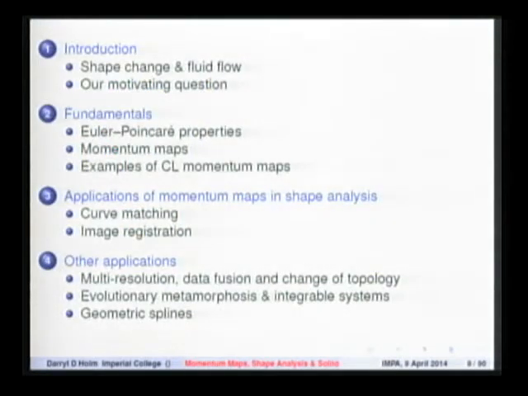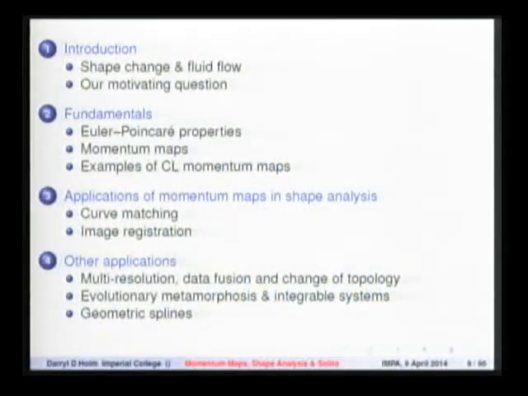Okay, so I'll say a little bit about shape change and fluid flow, what motivates us. I'll talk about fundamentals, which everyone here already knows about, but I just want to hook them together with this problem. I'll talk about two applications in the most workhorse application. The common applications are curve matching and image registration.